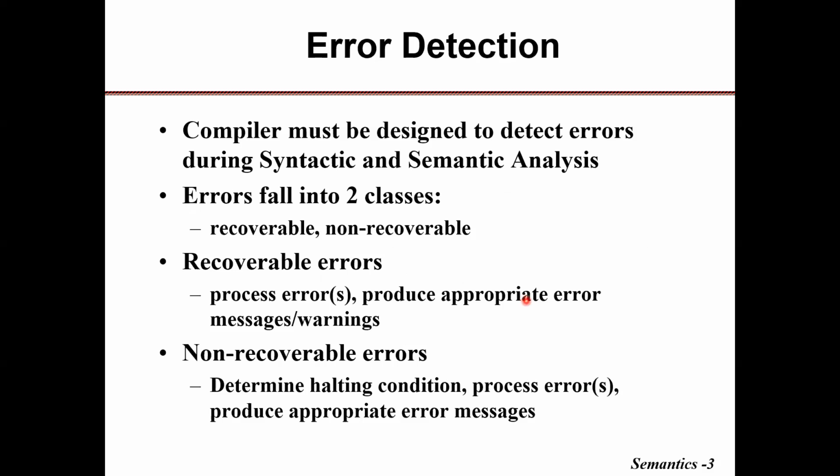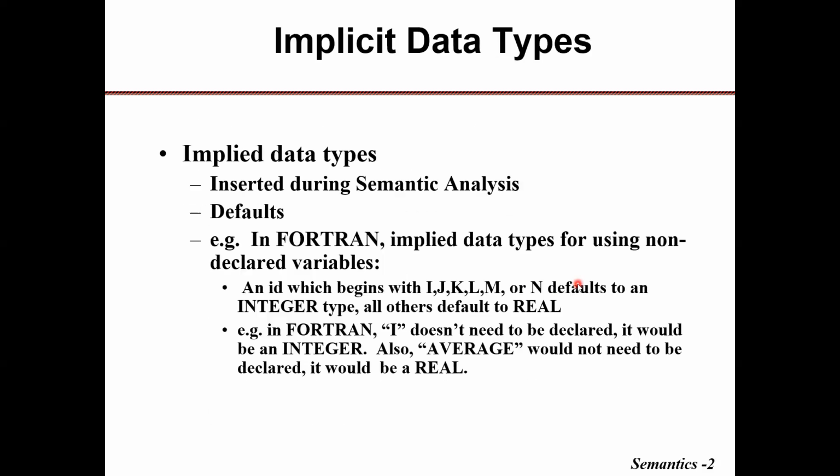All right, let's talk about error detection then. And again, back on implicit data typing, there are other languages that do support implicit data types. Python is one of those. It will determine what type to set it to depending upon its usage.